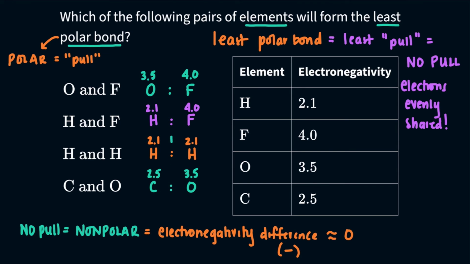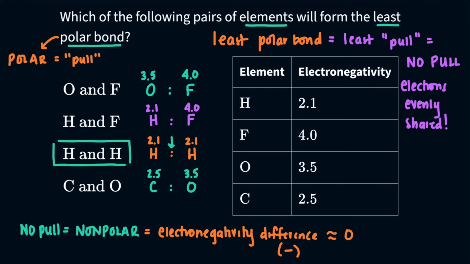Those electrons are going to be right smack down the middle. So I know that the electronegativity difference will be flat out 0. This is a pure nonpolar covalent bond. I don't even have to go forward, but if we look down, this would have an electronegativity difference of 1. So my answer would be H and H.